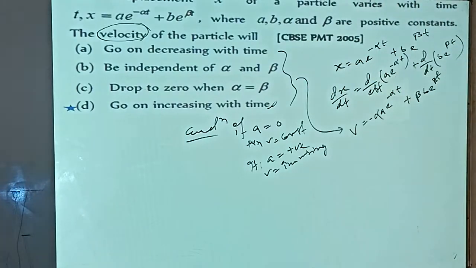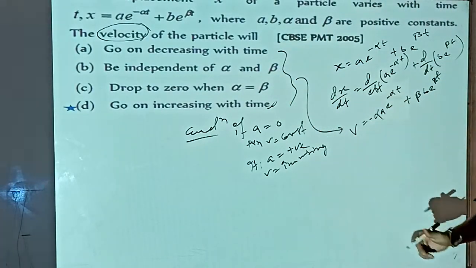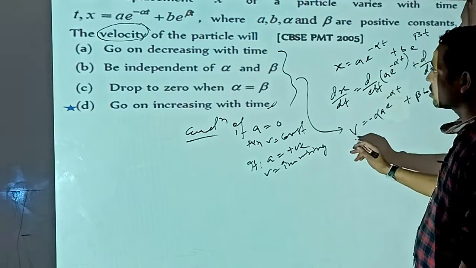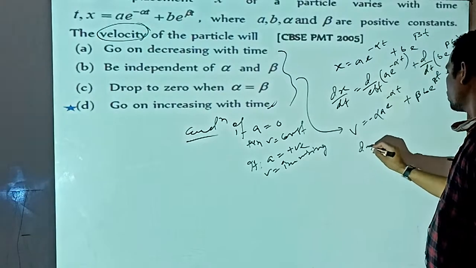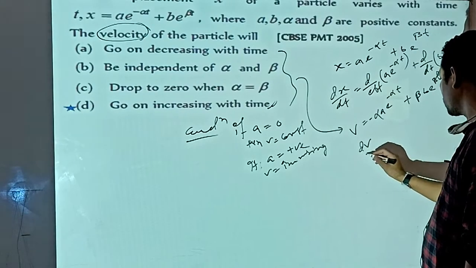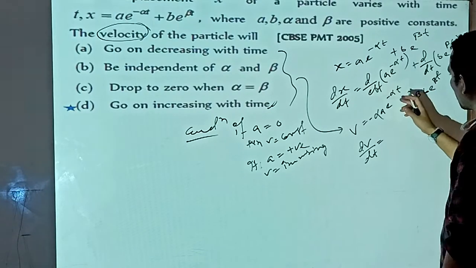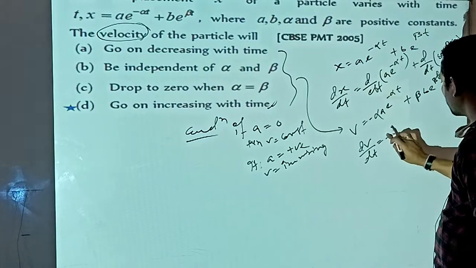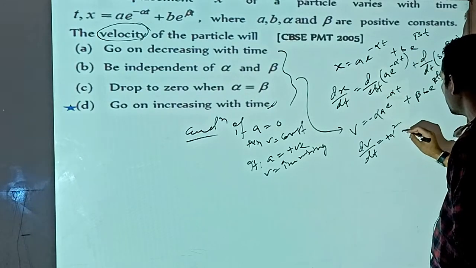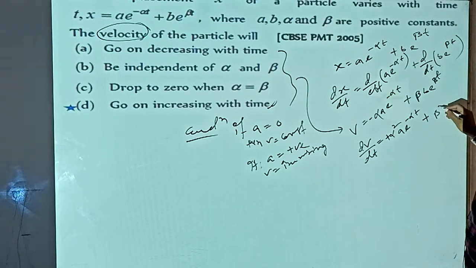So to decide among these options, you again have to differentiate v with respect to time so that you can tell which one will be the correct answer. So again we are differentiating the equation with respect to time. Alpha comes out again, a constant, that will be alpha into alpha, that will be positive, plus alpha square a e to the power minus alpha t plus beta square b e to the power beta t.